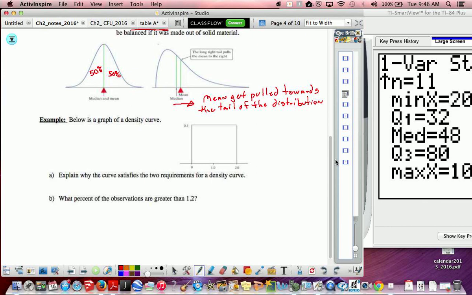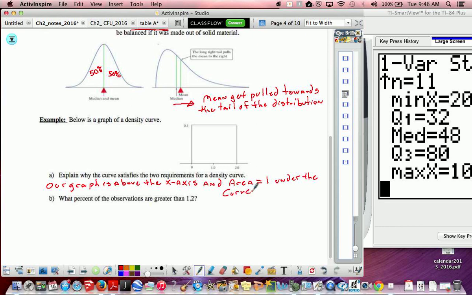Is our graph above the x-axis? So our graph is above the x-axis. And what's the other thing we need to check? Does the area under the curve equal 1?